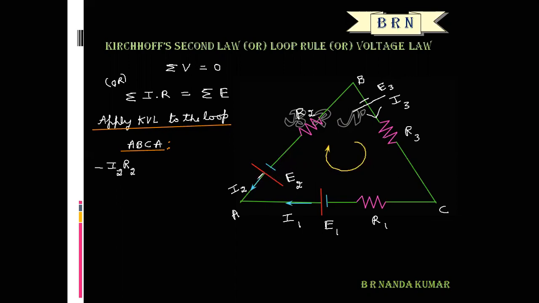In the next branch, BC, the current is I3, the resistance is R3, the indication is clockwise, and the current flowing is also clockwise. So the product of current and resistance is taken as positive.